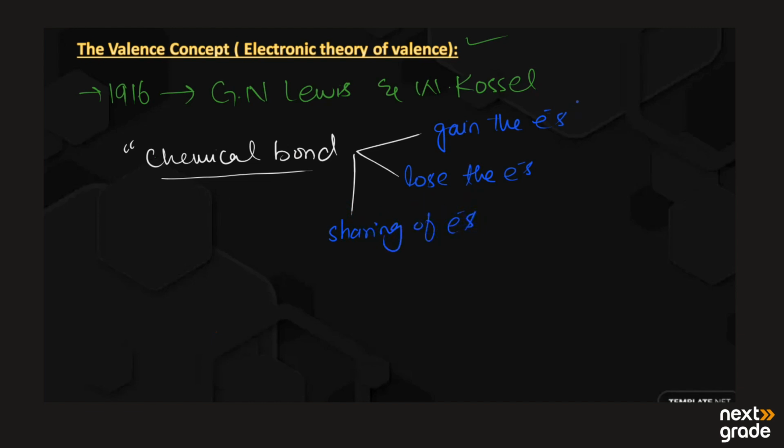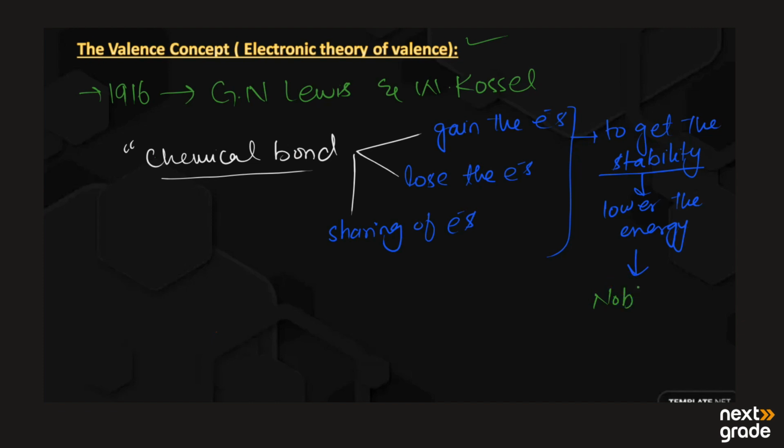And why do atoms undergo these three processes? Just to get stability, to lower their energy, or to get an electronic configuration near to the noble gases.